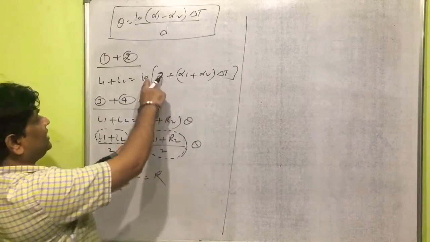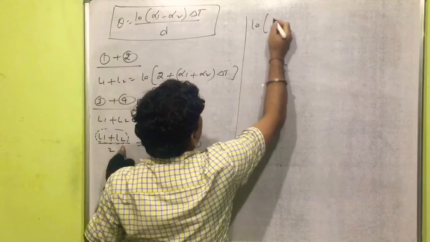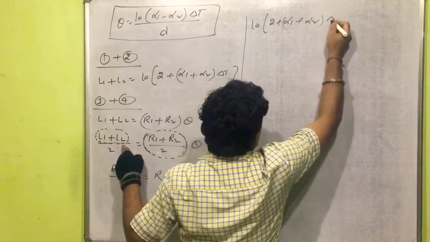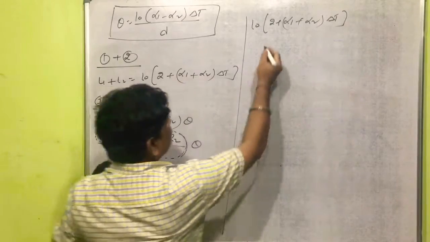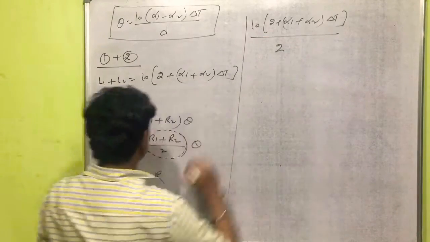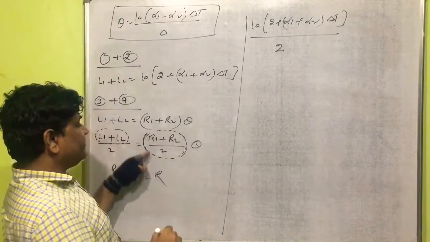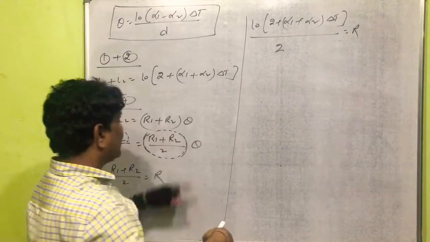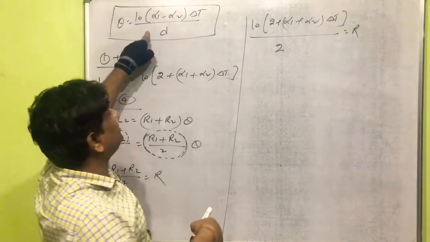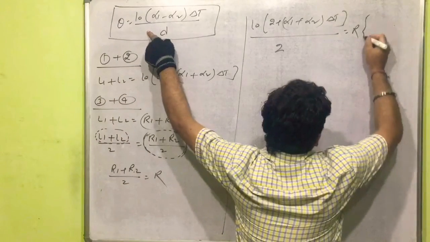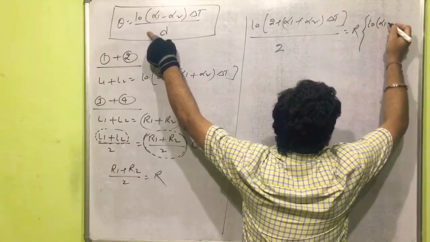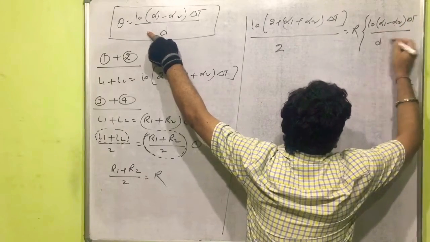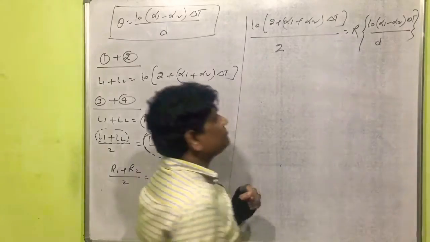L1 plus L2 is L naught into 2 plus alpha 1 plus alpha 2 into delta T, divided by 2, is equal to the mean radius, capital R, and the value of theta we already found out here: L naught into alpha 1 minus alpha 2 into delta T by small d.